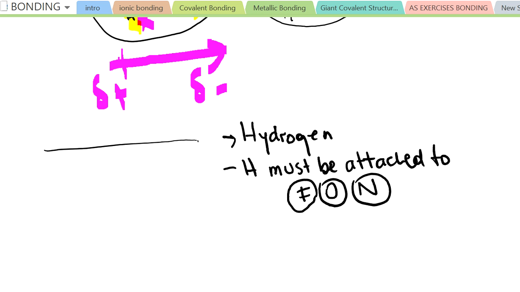Okay, so we said hydrogen must be present. He must be attached to fluorine, oxygen, or nitrogen. And the third is that these elements need to have at least one lone pair in the molecule.